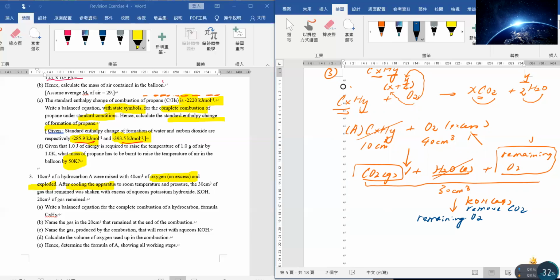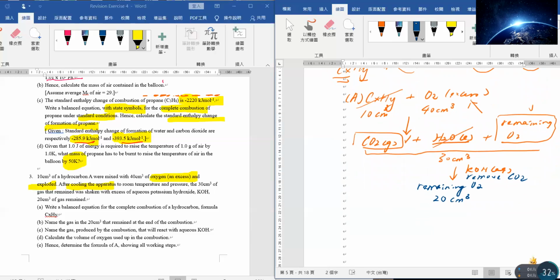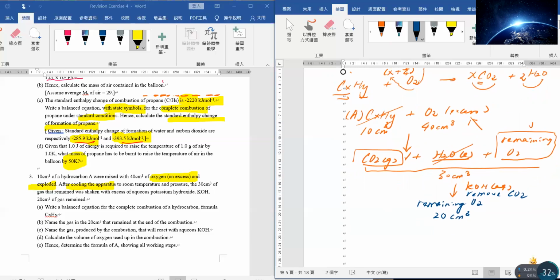Then the volume reduces to 20 cm cube. Now that is the flow of the question, okay? Originally, you have 10 cm cube of CxHy and 40 cm cube of excess oxygen. After combustion and cooling, you will have carbon dioxide produced together with the remaining, unreacted oxygen. And it makes up the total volume of 30 cm cube.